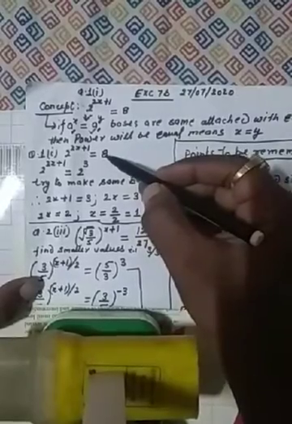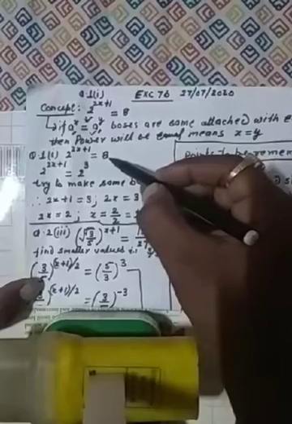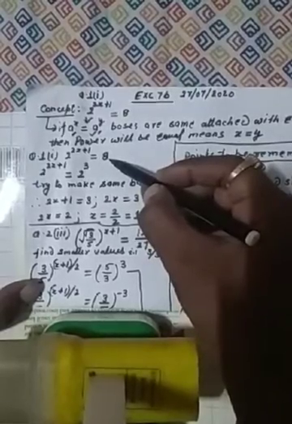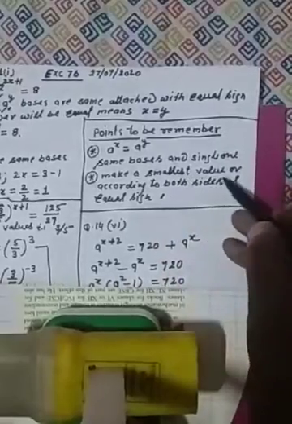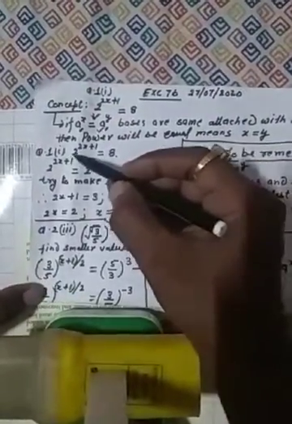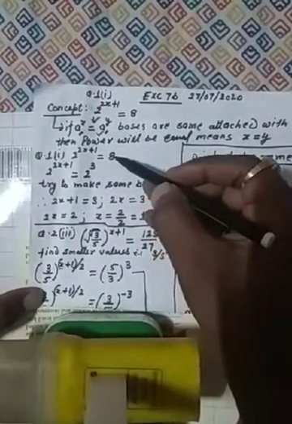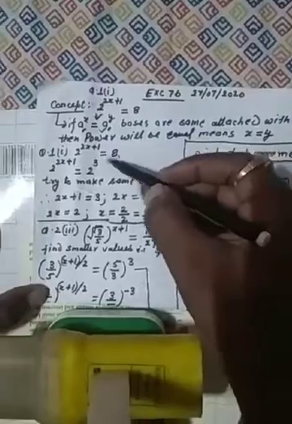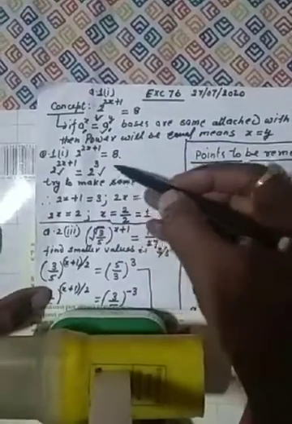So it will be easy for us to make the 8 as a 2. It can be written as 2 to the power 3. So make the smallest value. In these two bases 2 is the smaller one, so 8 will become 2 to the power 3. See, 2 to the power 2x plus 1 is equal to 2 to the power 3.